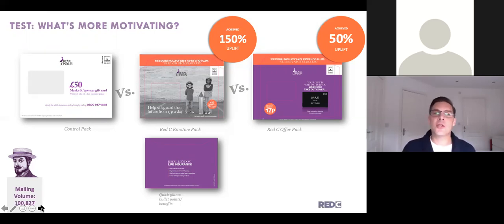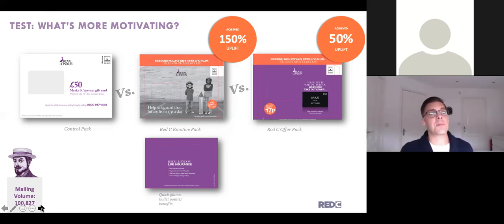And then we tested two different fronts, one with a slightly more emotional message, help safeguard their future from 17p a day, again, using a specific number, versus pushing the gift card, which was the incentive at the time. The first outperformed the offer pack quite considerably, so that then became the control going forward.